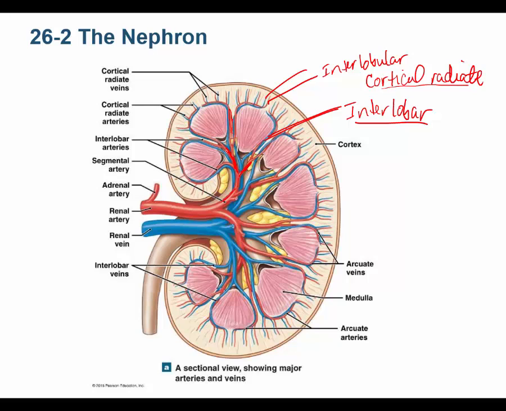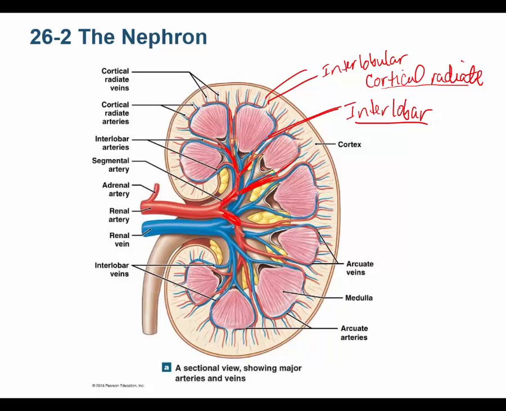Then the lobar arteries bifurcate into the interlobar arteries, and then the arcuate and cortical radiates, etc. So some books use the word lobar artery. They have another naming mechanism, really. Even right here, if this is the renal artery and it bifurcates and that's segmental, then that would be lobar because you rename it after the bifurcation, and then that's interlobar.